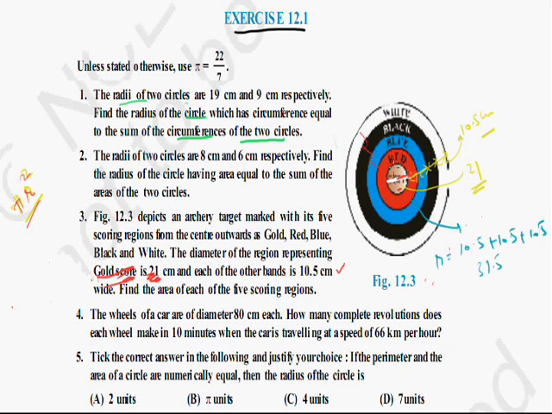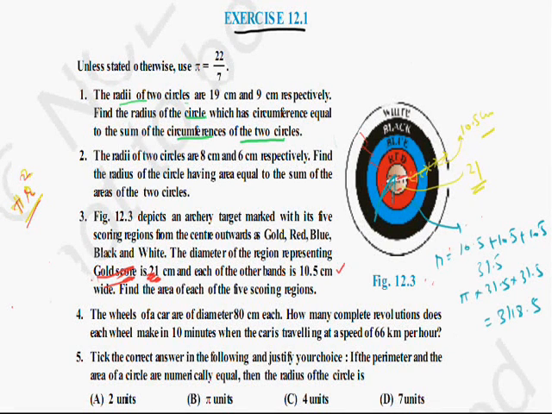Now the total area from the golden, then red, then blue is pi into 31.5 into 31.5, which is equal to 3118.5.